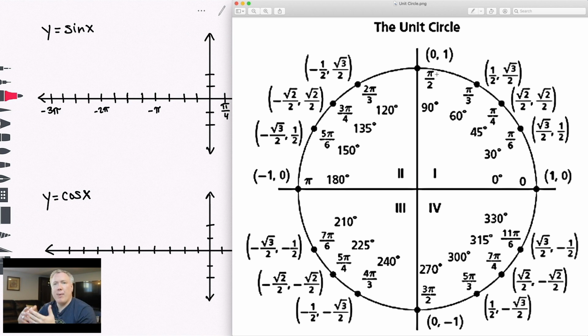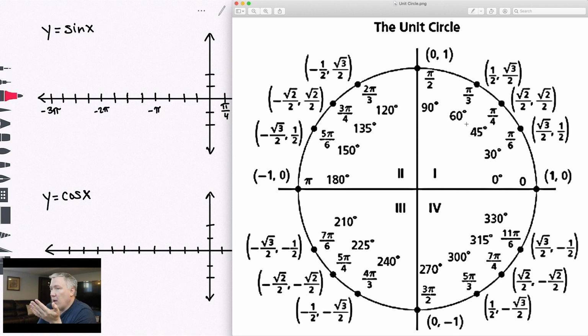Okay. Now what about the vertical direction? Well, what is the output? And what we had the last time is that on the unit circle, the sine of an angle is the y-coordinate. So we're going to look at these y-coordinates. The y-coordinate here is 0 at 0, and then it gets as high as 1 at pi over 2, or 90 degrees, and it gets as low as negative 1 at the bottom at 3 pi over 2, or 270 degrees.